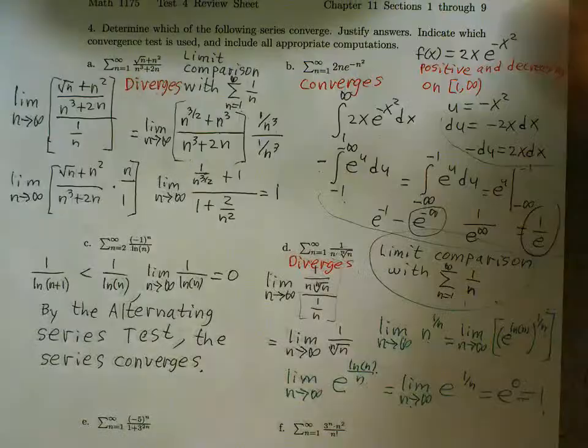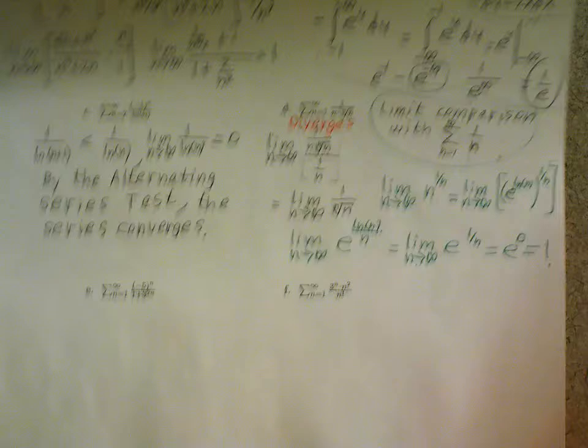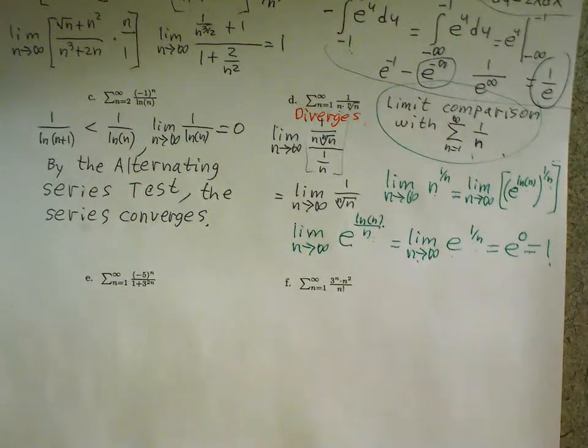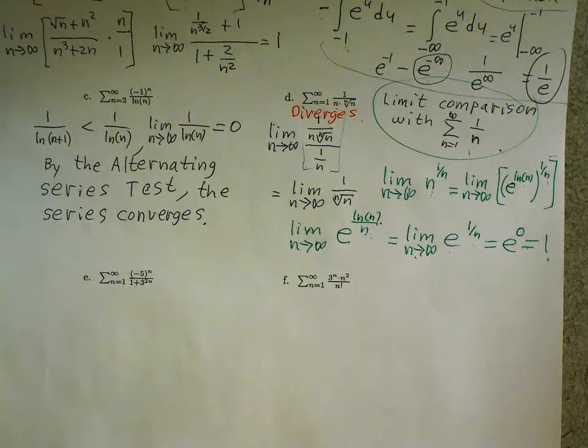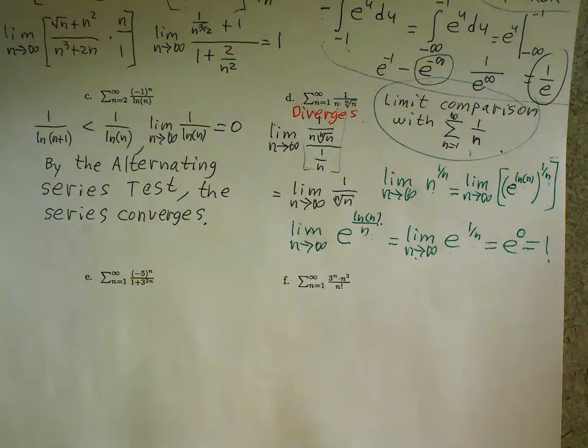Okay, the next example. In part E, the terms are negative 5 to the n over 1 plus 3 to the 2n.